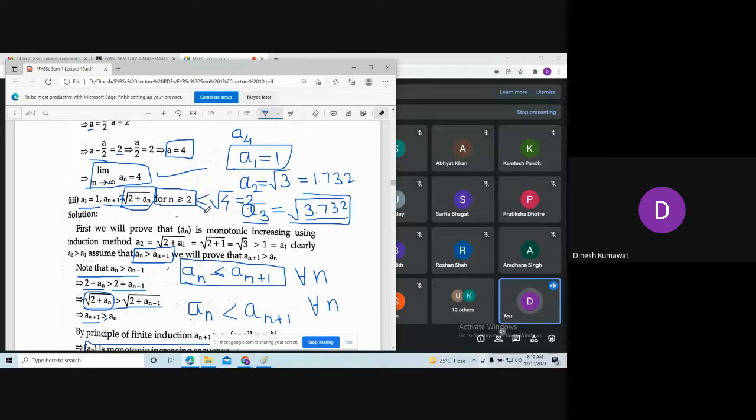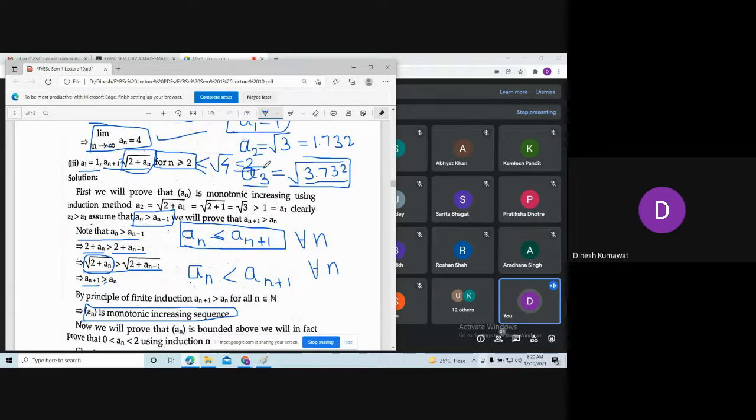At the max it is exactly equal to 2, but it can't exceed 2. You pick any large n, you will always get that this sequence can't exceed 2. So let us try to do that. And this gives me the bound on this sequence.